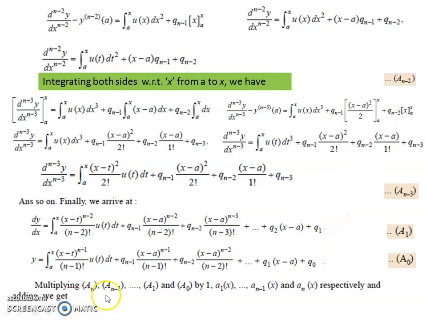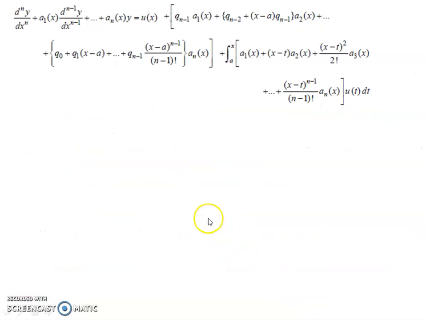Multiplying an minus 1, a1 and a naught with 1, a1x, a2x, an minus 1x, nx respectively, and adding. So just see, I multiply and now I add. Adding, we got ux plus qn minus 1 a1x, qn minus 2 a2x, and q naught, q1 x minus a, and so on with multiples of an, and this integral sign over a1x plus x minus t into a2x plus x minus t square by 2 factorial, and so on.